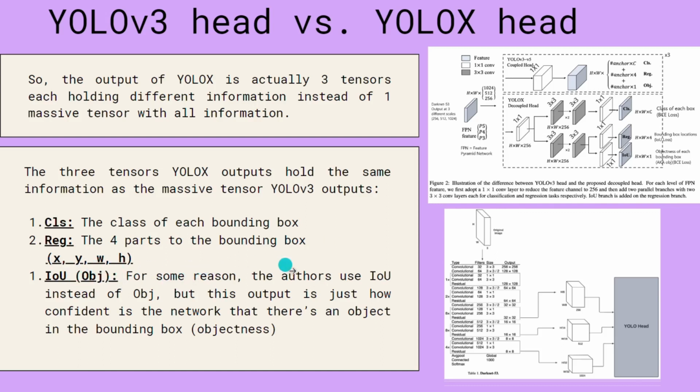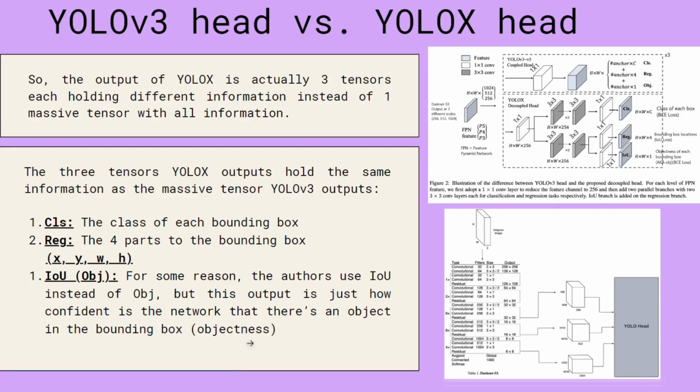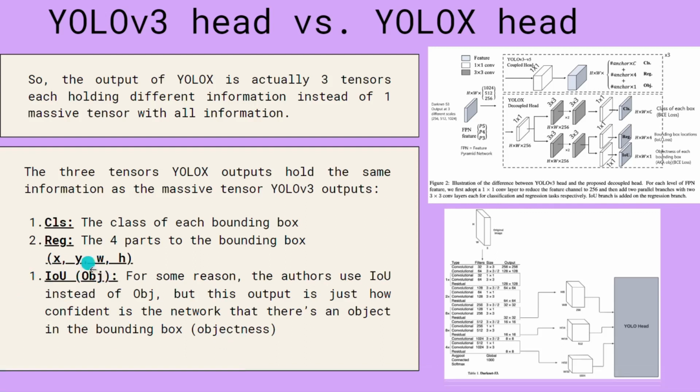For some reason, the authors use IOU instead of OBJ to represent the objectness score. But this output is just how confident the network is that there is an object in the bounding box. So it's basically the same definition as before, but they changed the label to IOU instead of OBJ.